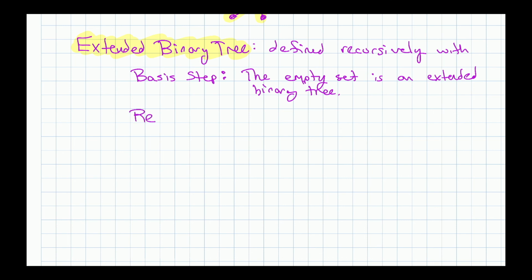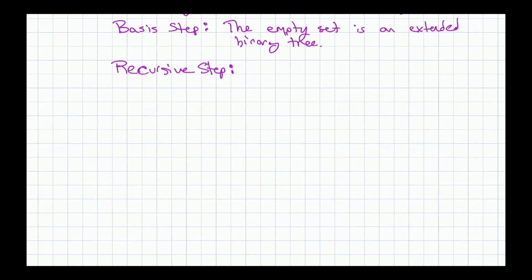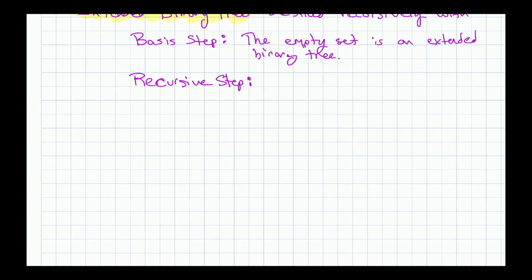And then we're going to have a recursive step. What's the recursive step? So for a binary tree, binary probably makes you think of the word two. So we're going to do basically what we did in the previous step, but instead of allowing n trees, we're only going to allow two trees.